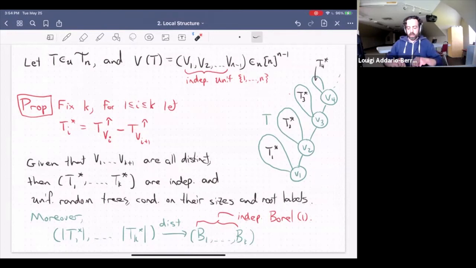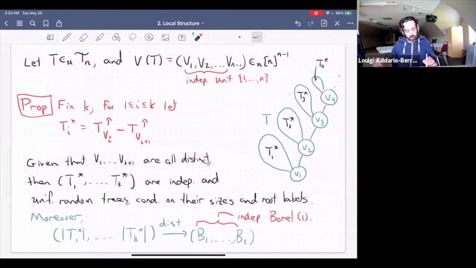Okay, so if I tell you that this tree has a given vertex set and that its root is labeled 12, then it's equally likely to be any tree with that vertex set and root label 12. The fact that the conditioning yields uniform trees in the appropriate classes is not really surprising. That's just a feature of the symmetry of the model.